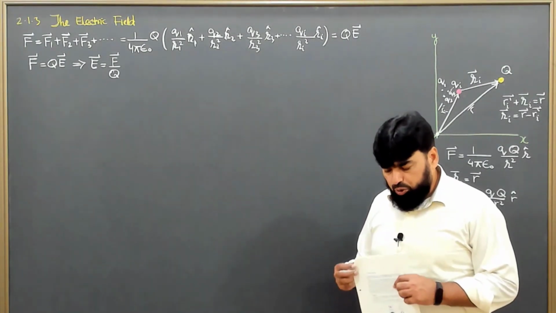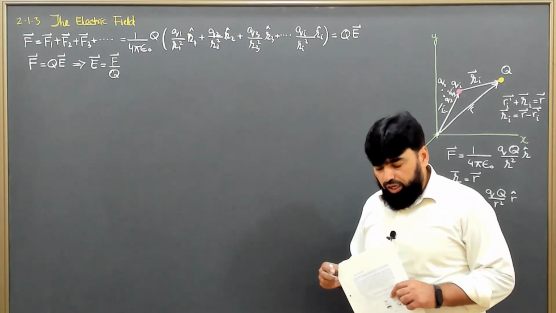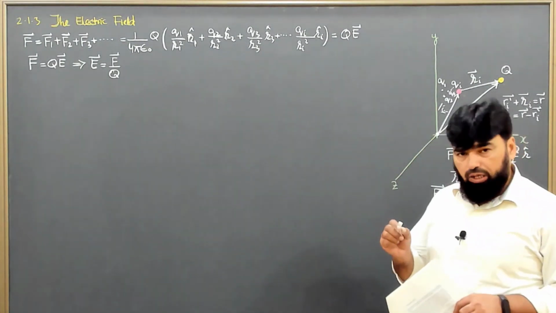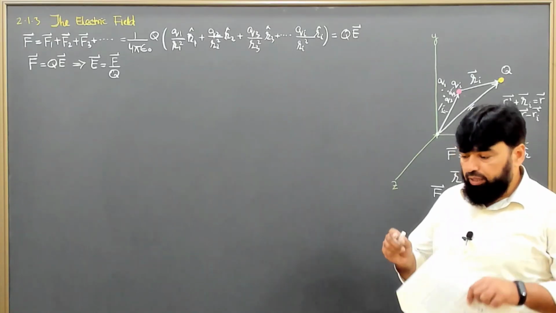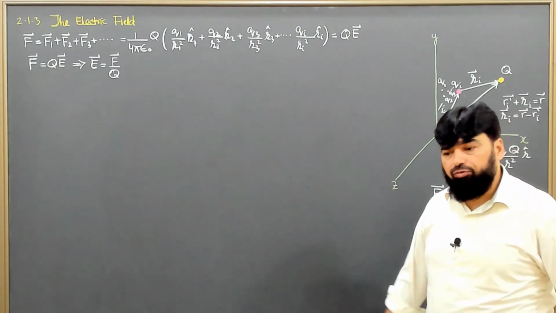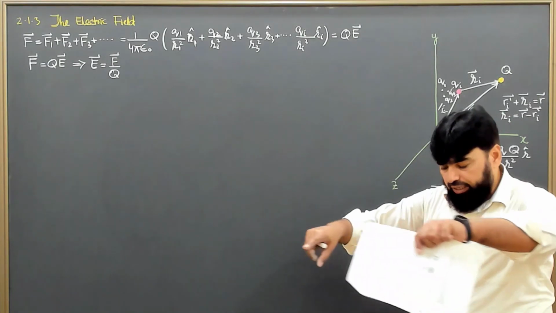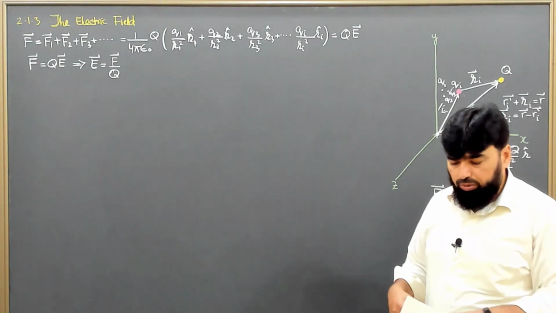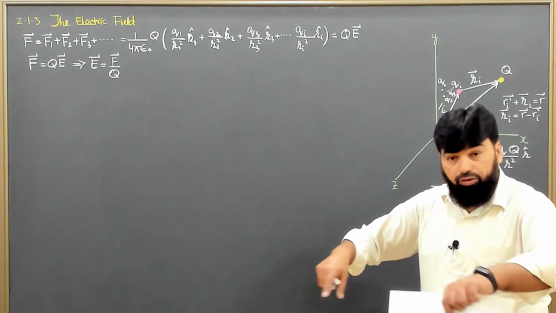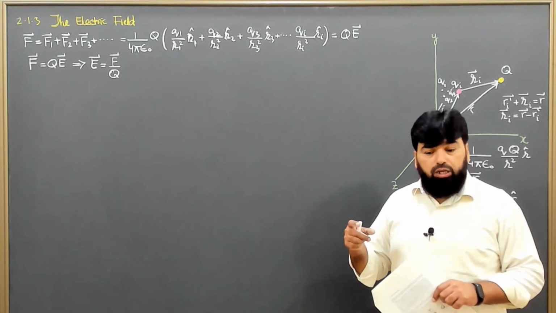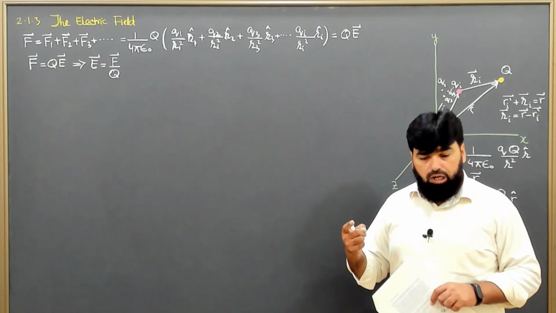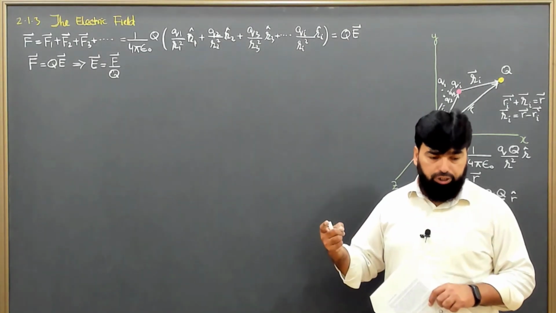So the answer is that when we have a source charge, that source will have a field, and inside the vicinity of that field, it will cause a force on that unit object.